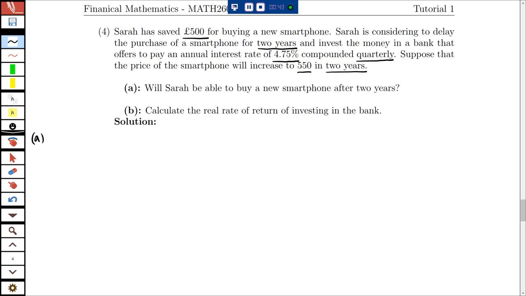Okay, so this problem is all about finding the future values. So firstly, calculate the future value of the £500 in 2 years.